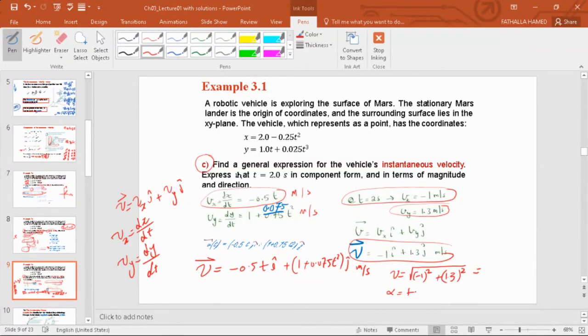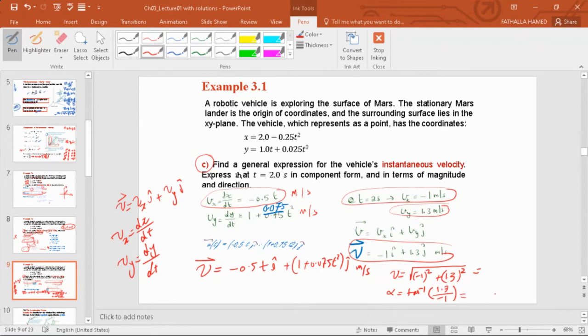You can also get your direction. You say alpha equals tan inverse of y, which is 1.3, and x, which is minus 1. Right away, you know that you are in the second quadrant because your y is positive and your x is negative.